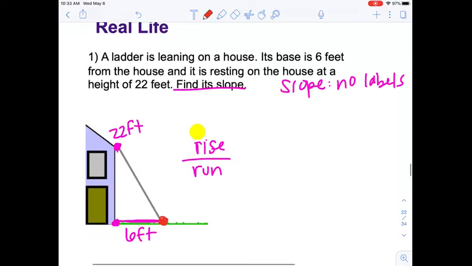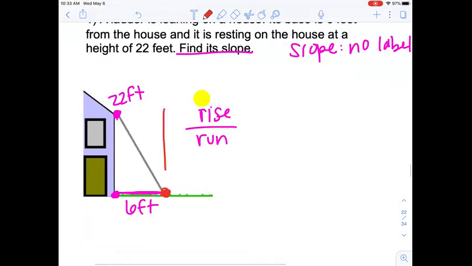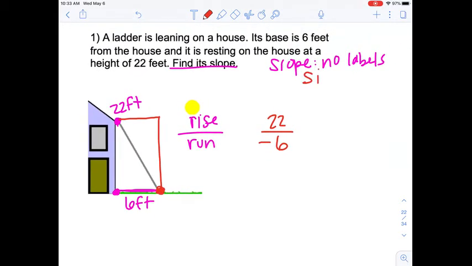So if I start at this point here, to get to my next point, I have to go up 22 feet. Since I'm going up, my rise is positive, so it's a positive 22 over, and then my run is how far left or right I have to go. So to get to the point, I have to go left 6 feet. Since I have to go left, it's going to be -6. If I have to go right, it'd be positive.